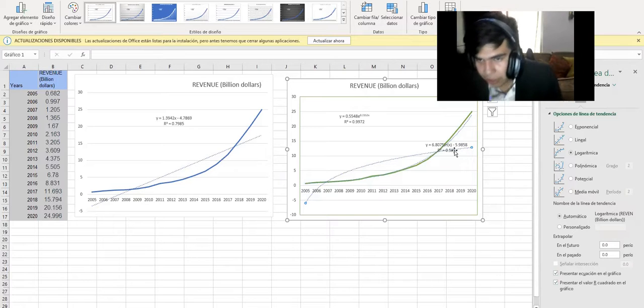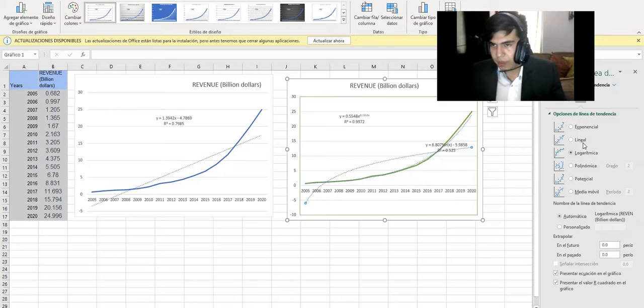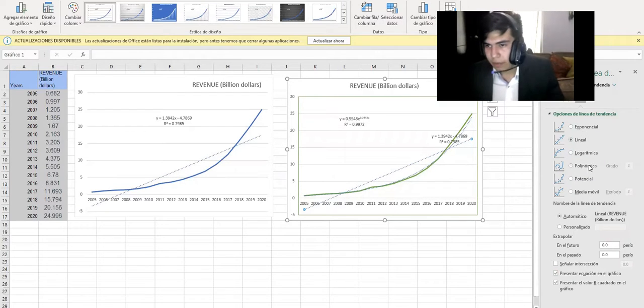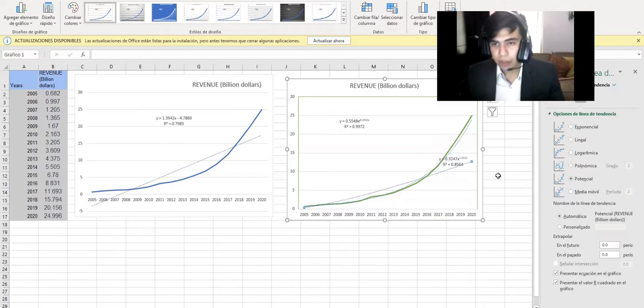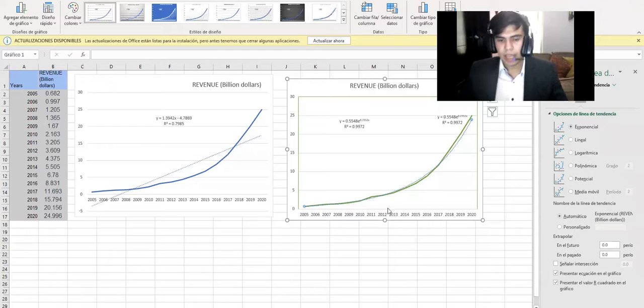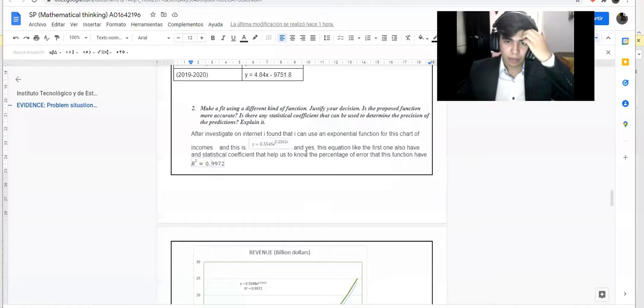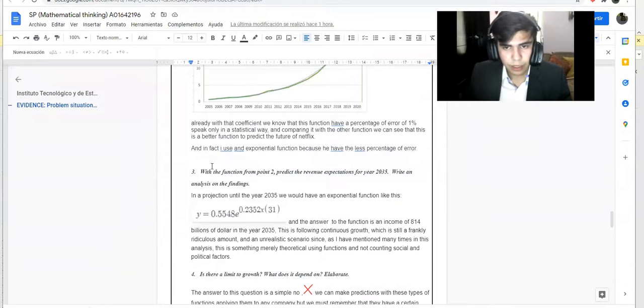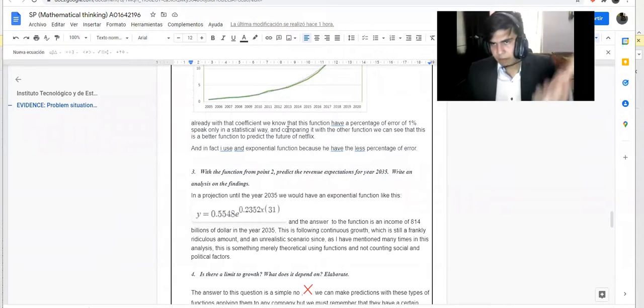As you can see here, we have a 0.5 with a linear, a 0.7 with a potential, and a 0.85, but the nearest function that leads us to only 1% of margin of error is an exponential function, and it is the one that we are using. As you can see, we only have a 1% margin of error. Okay, I use this one because it has the lowest percent of margin of error.